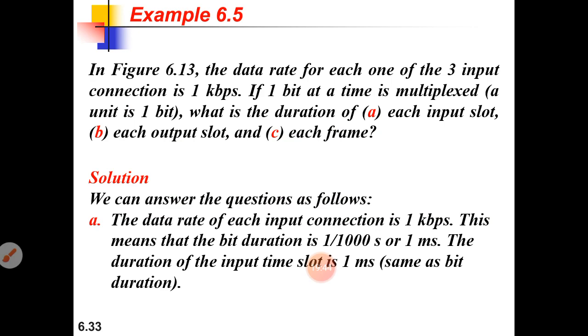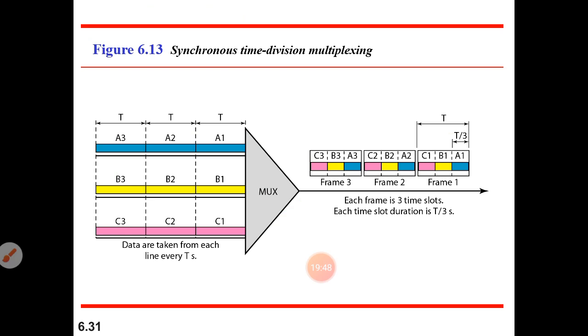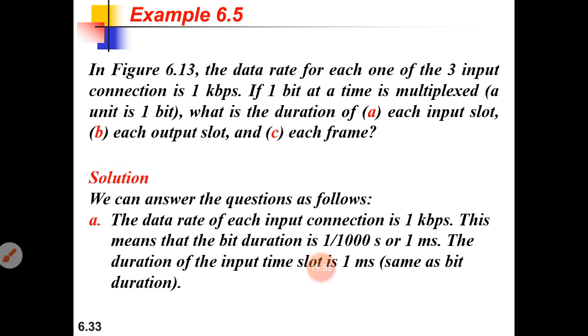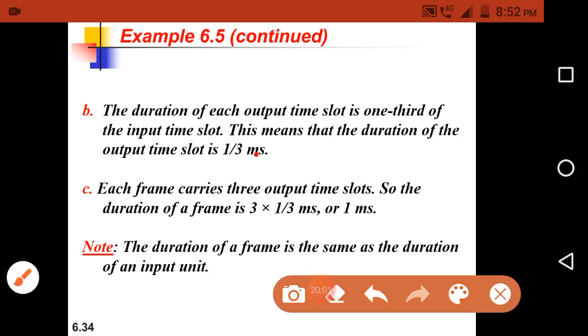T is the input data time slot, which I already calculated: 1 millisecond divided by 3, that is 1 by 3 millisecond. That is the output time for each data unit.